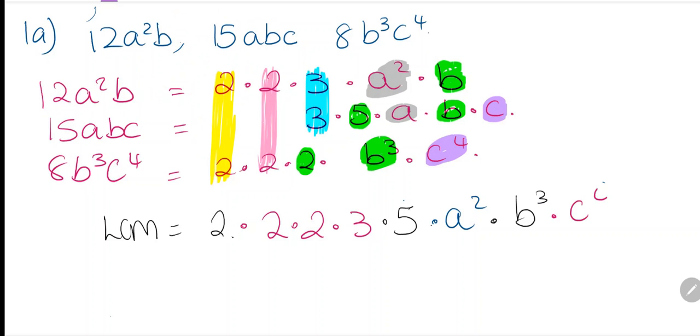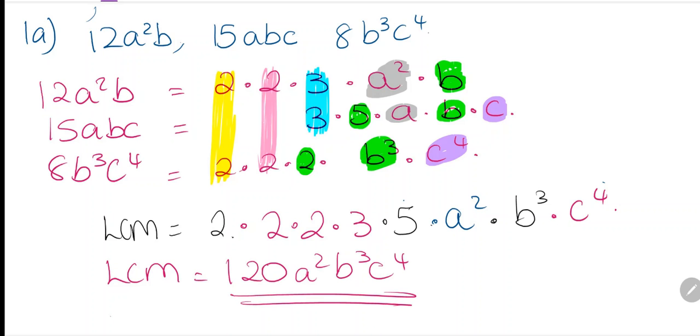So we multiply them all together. 5 times 3 is 15, times 2 is 30, times 2 is 60, times 2 is 120. And we have a squared, b cubed, c4. So there's our LCM.